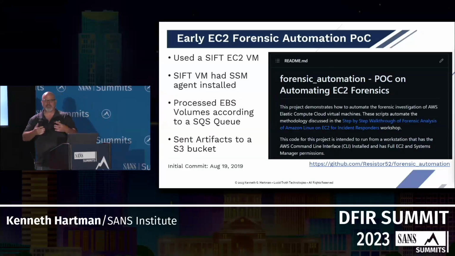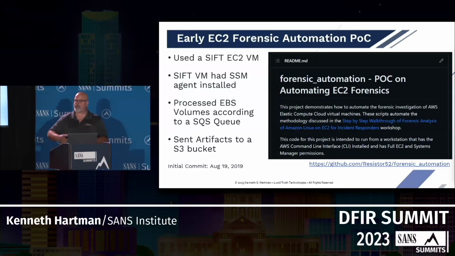What we do in the cloud is we provision a system that has just the resources that we need to do the processing that we need to do. And as a result, you can get by with a much smaller virtual machine and so forth. So then later I did a talk on automating this. And what we did was we automated the provisioning of the SIFT virtual machine. And then we also installed Systems Manager onto it.